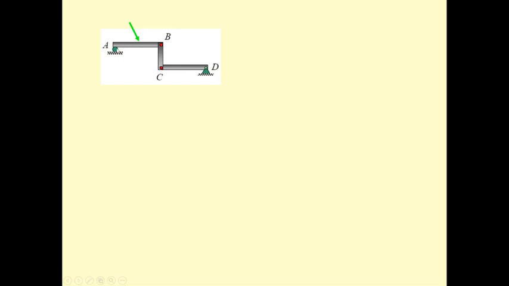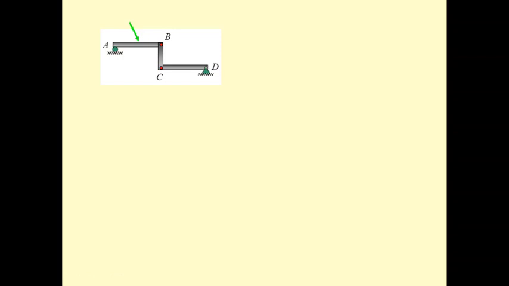The support at A is a pin, the support at B is a hinge, the support at A is a roller, and the support at D is a pin. Due to the hinge, the reaction is 2 and 2. So it's 1 plus 2 is 3, plus 2 is 5, plus 2 is 7. The total unknown is going to be 7.